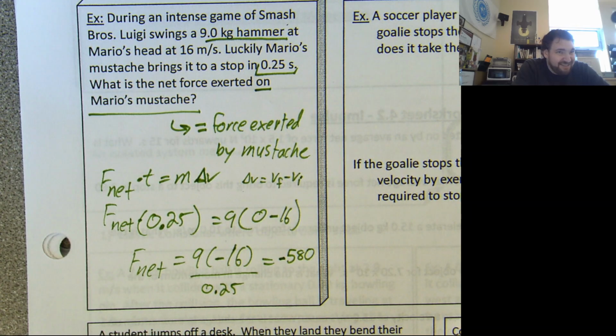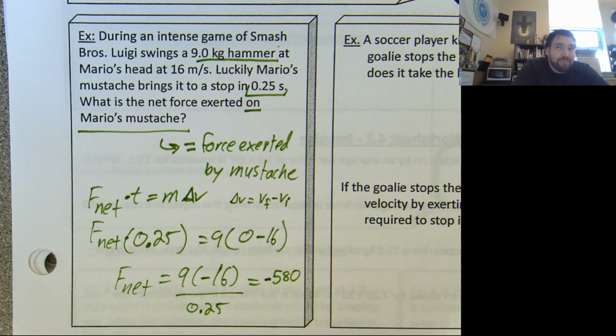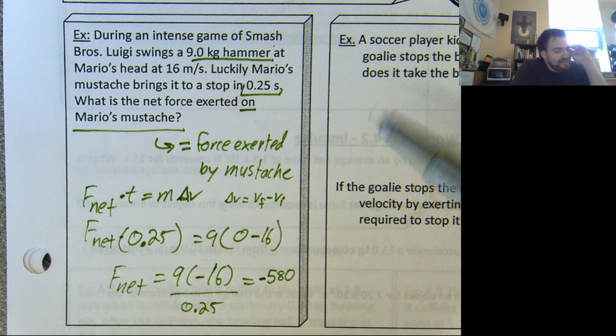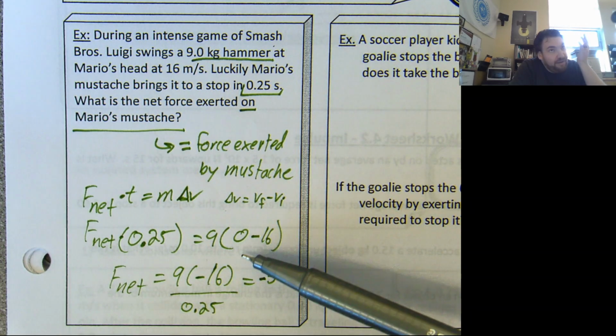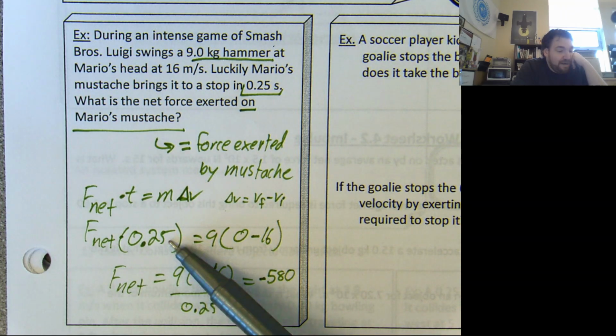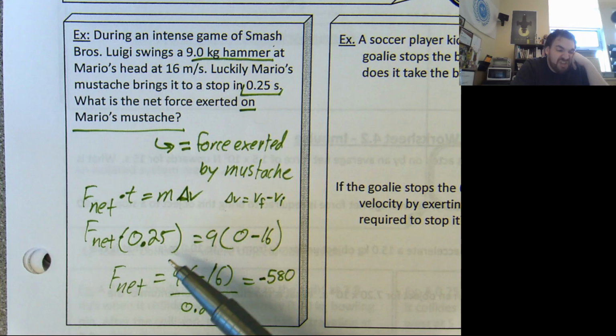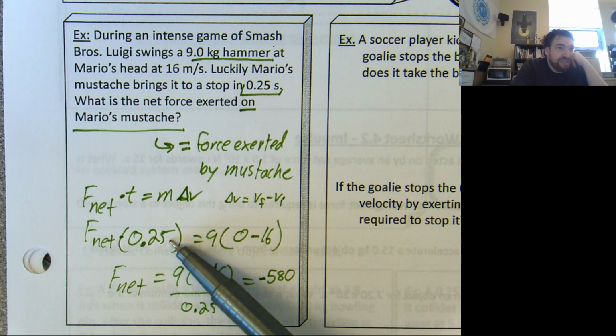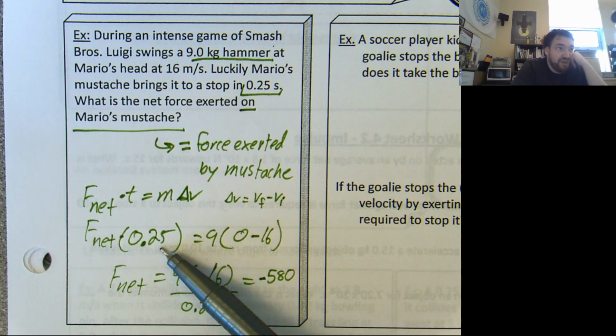Nothing stops in an instant. Everything takes time. And so if you looked for a second at what is going on in this equation, what happens if we were to somehow increase the time it took to bring the thing to a stop?